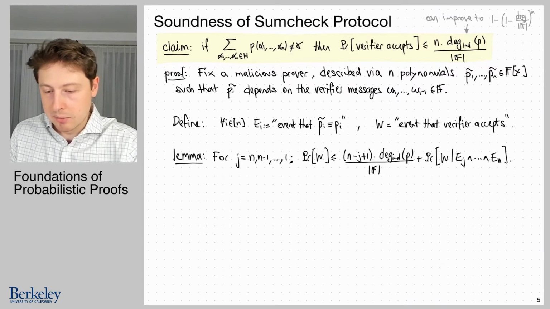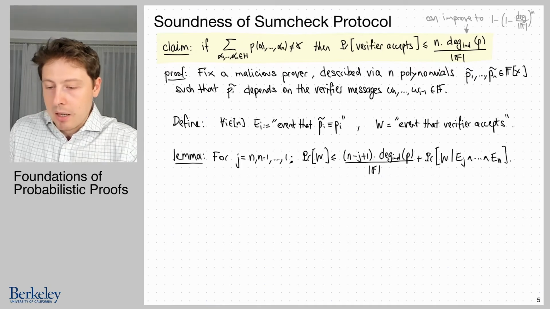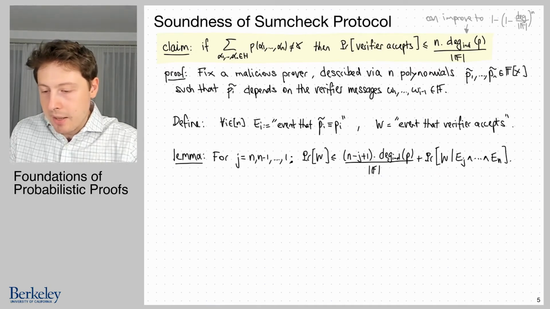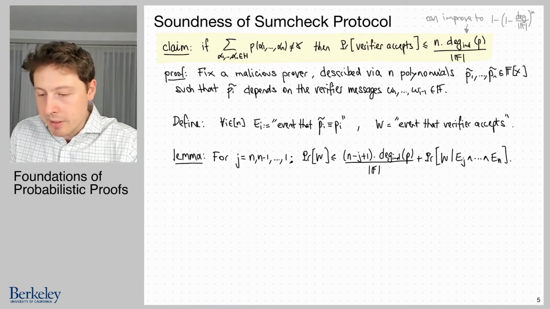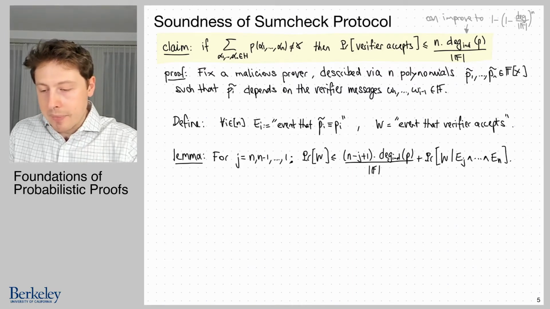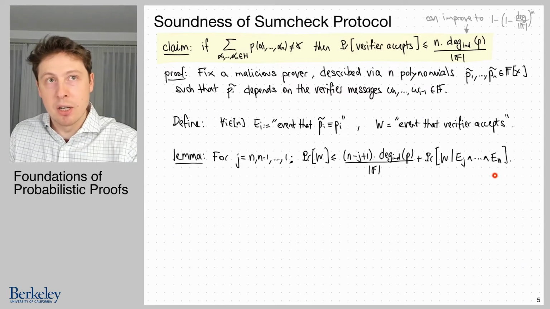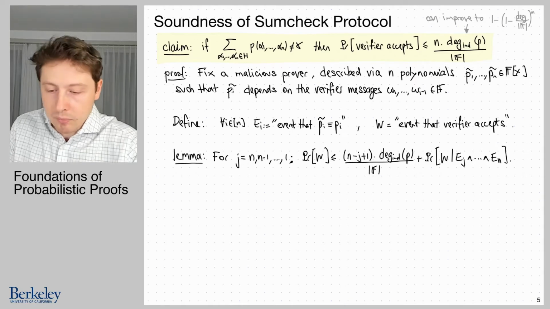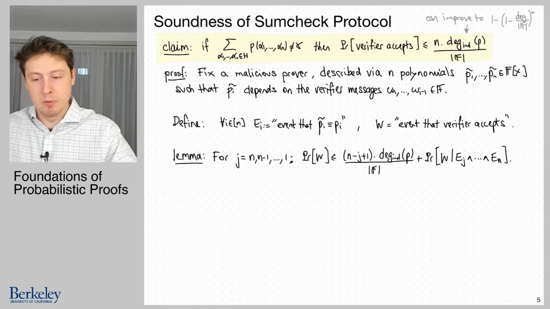In particular, when j equals 1, it looks very much like it. Plus the probability that the verifier wins given that the malicious prover behaves honestly for the remaining n minus j rounds, for rounds j plus 1 up to n, okay? So this is just a technical lemma. We'll prove it in a moment.